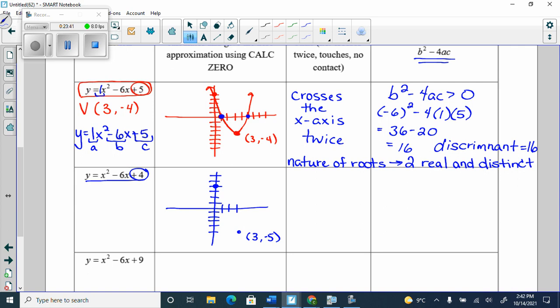And if you're still struggling with using your calculator, you need to come in and ask questions. So this one's at 0.76 and 0. So I'm going to label it at 0.76 and 0. And then I'm going to go second trace number 2.